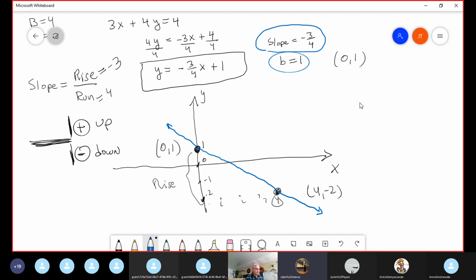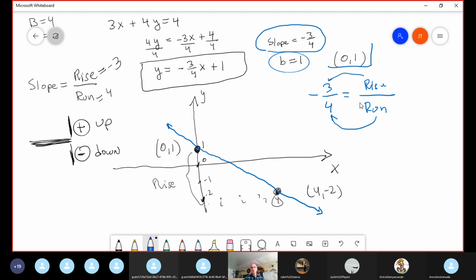Is it clear or confusing? Professor, how did you get to 4, negative? Okay, remember, the slope was negative 3 over 4, correct? Therefore, I assume that run is 4 and rise is negative 3.